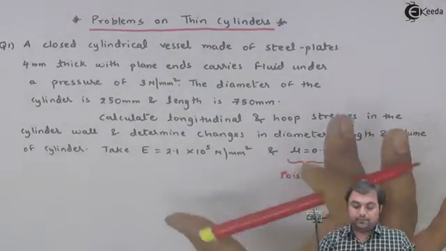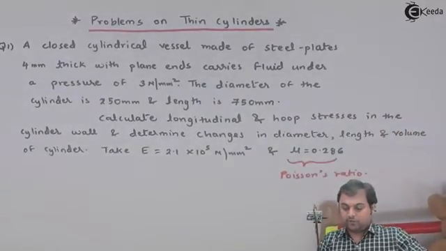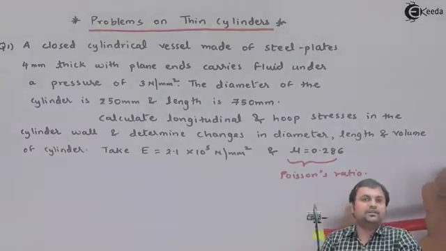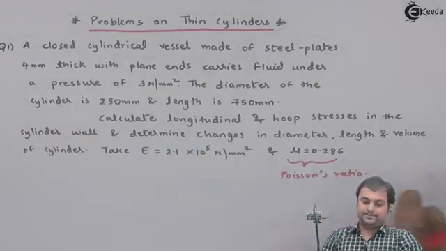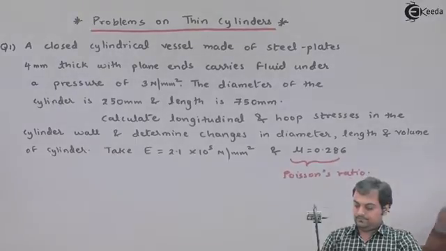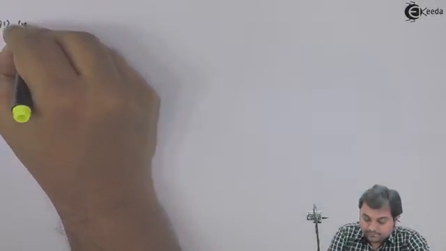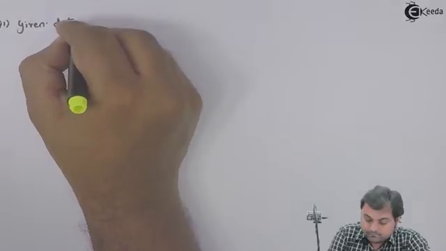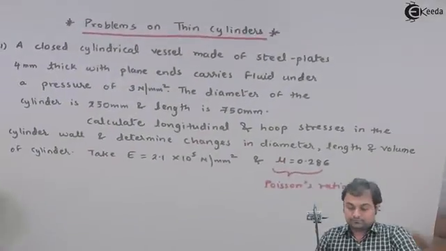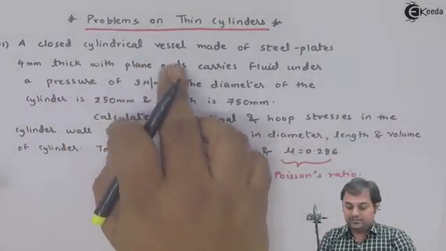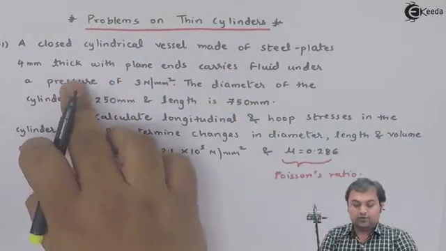Now the problem is given in front of us. Whatever is specified in this problem, we will write in the form of data. This is our first problem on thin cylinder. Here it is given a closed cylindrical vessel made of steel plates 4 mm thick.